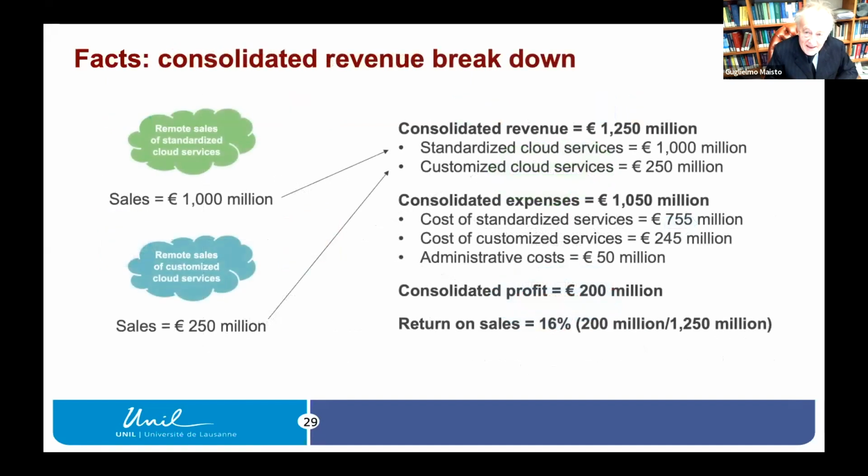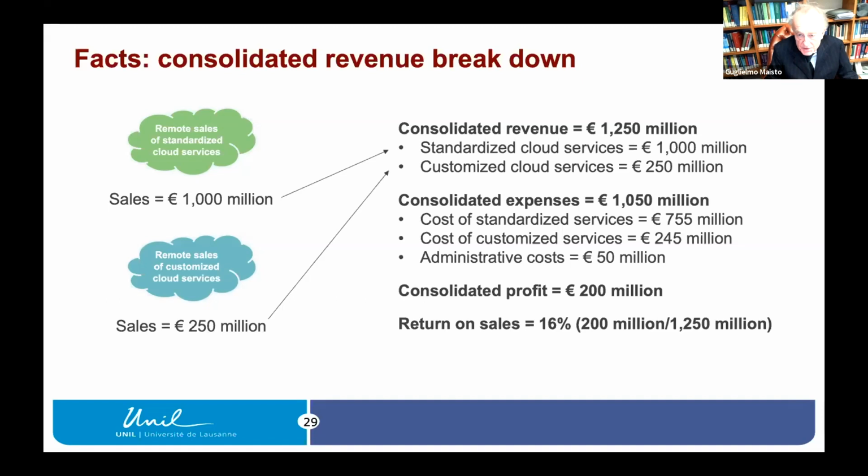And we have sales of $1 billion for the standardized cloud services, which is in scope. And we have 250 million sales for out of scope services. The overall return on sale is 16% and is in the amount of 200 million.